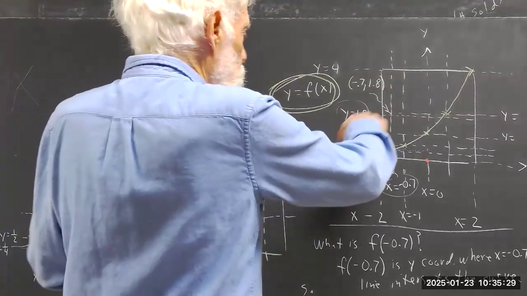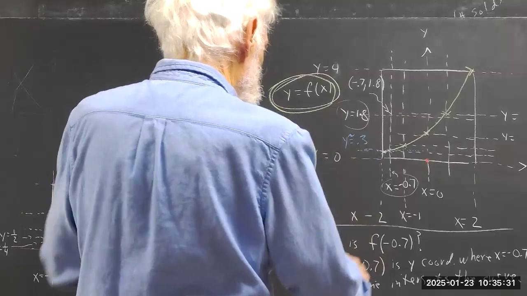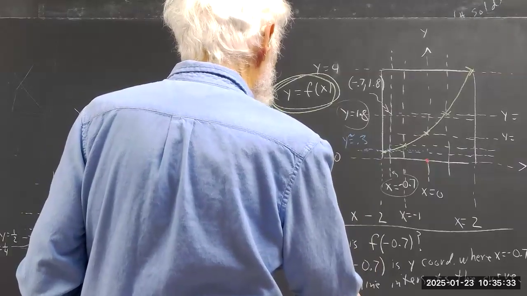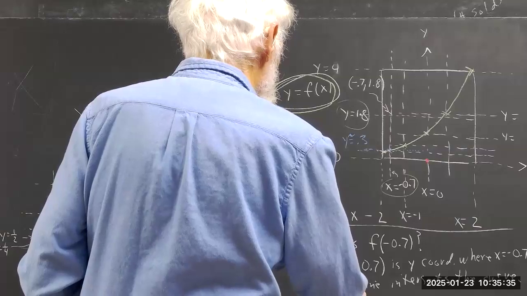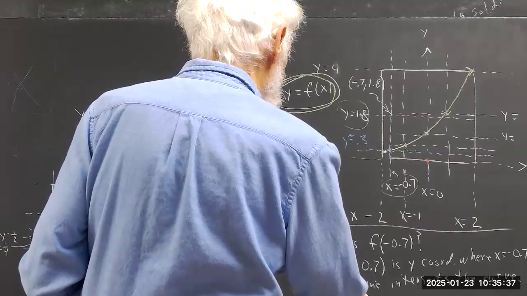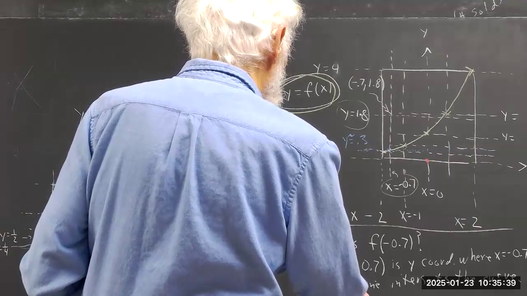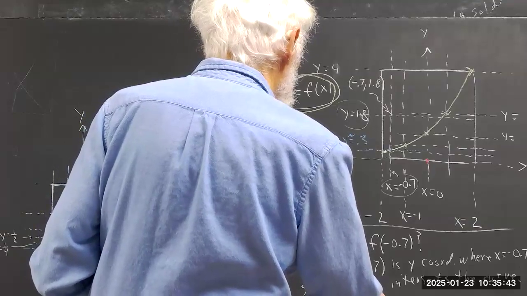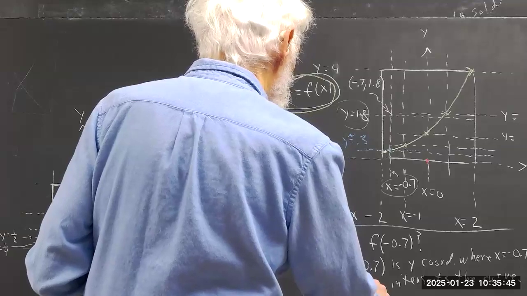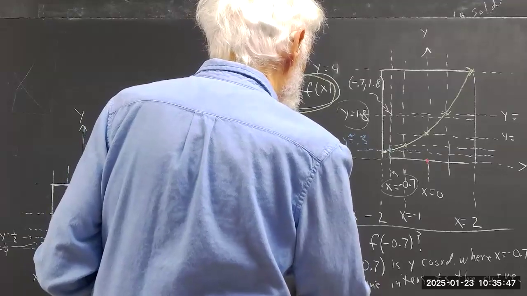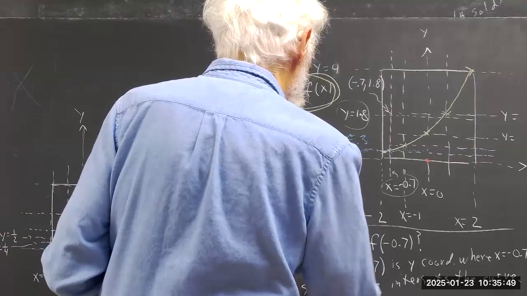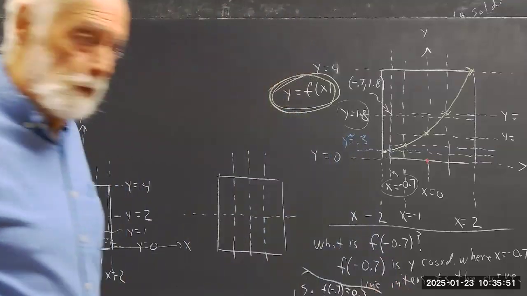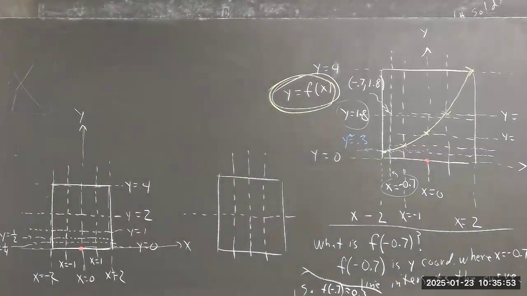Sometimes we just do two wavy lines for equal. So we say that f of negative 0.7 is approximately equal to 0.3. And I'm sorry for having to write that so low on the screen.